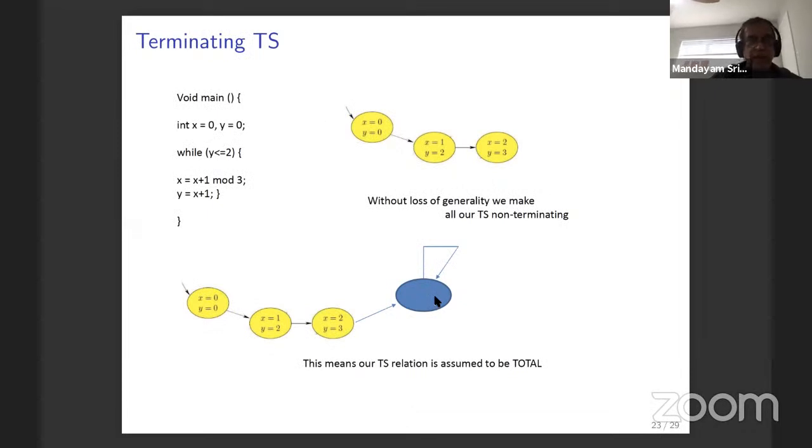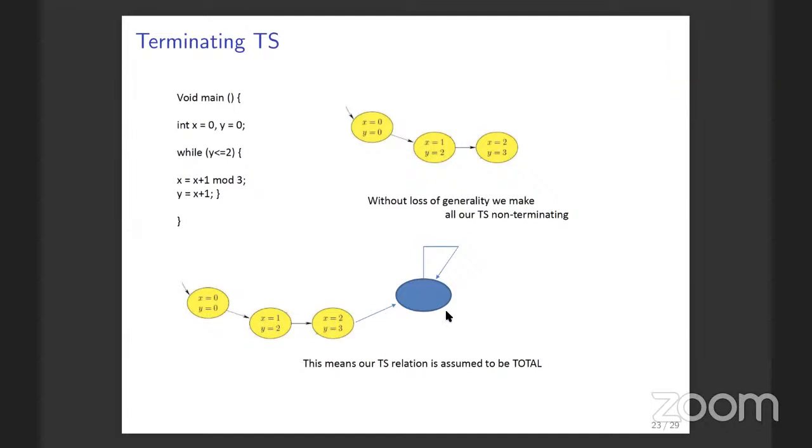Any confusion or doubt there? Yeah. In the example you showed in the diagram below, here also the transition relation is not total, right? Because the first state and the third state, those two yellow circles, are not related, right?